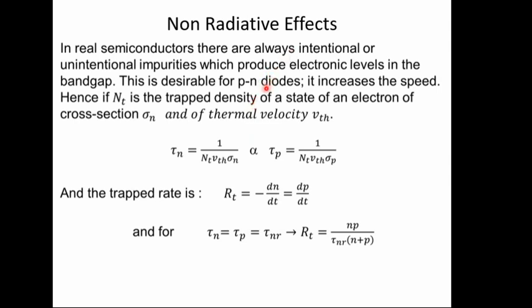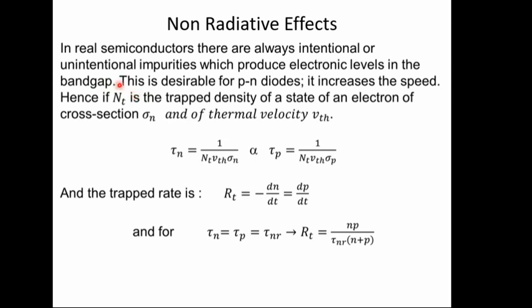So this we say is a pure semiconductor. Now, if impurities occur, sometimes you need to have electrons sitting in the energy gap, or impurities happen and you find electrons in the band gap. So that's what we call a non-radiative effect.